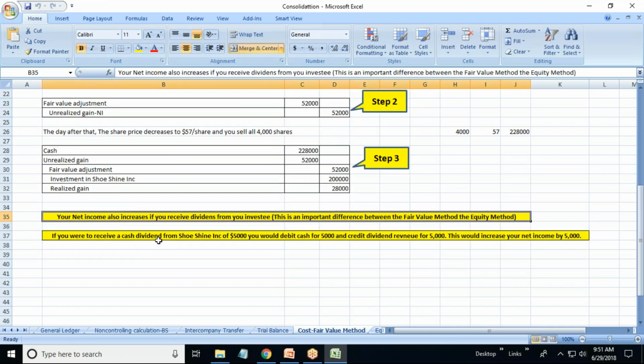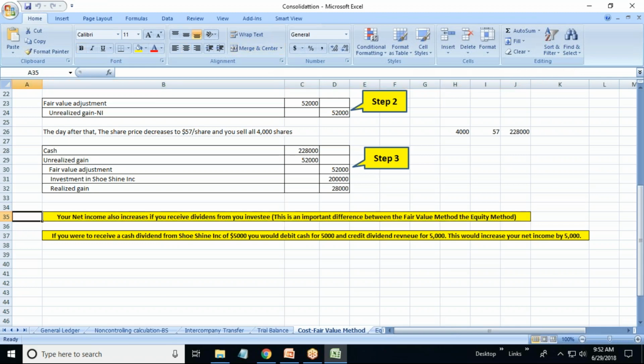Your net income also increases if you receive a dividend from your investee. When the company you invested in makes a profit, they want to share that profit with the shareholders. If they share it, your net income will increase.